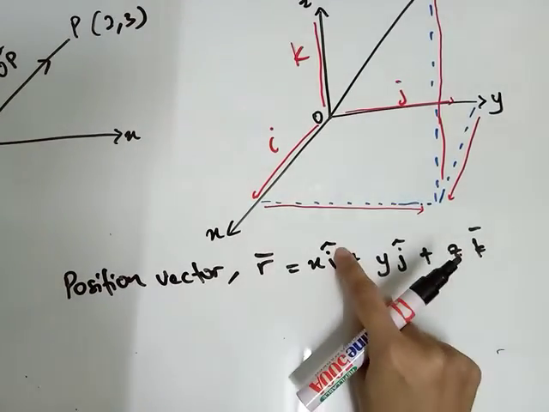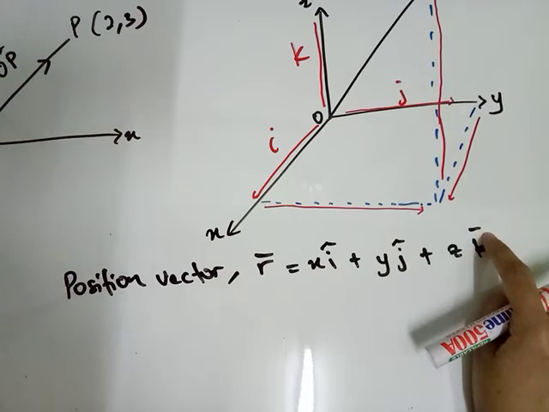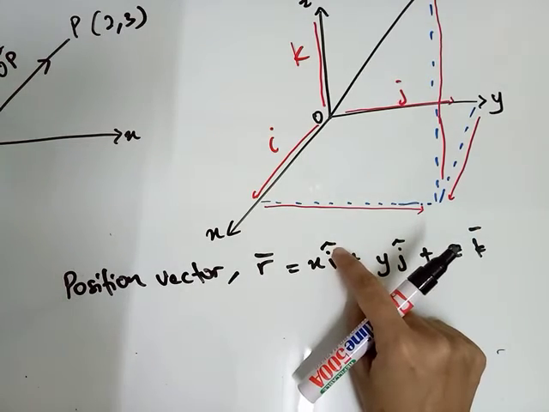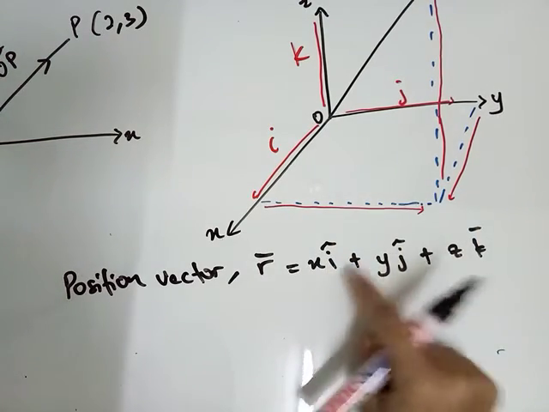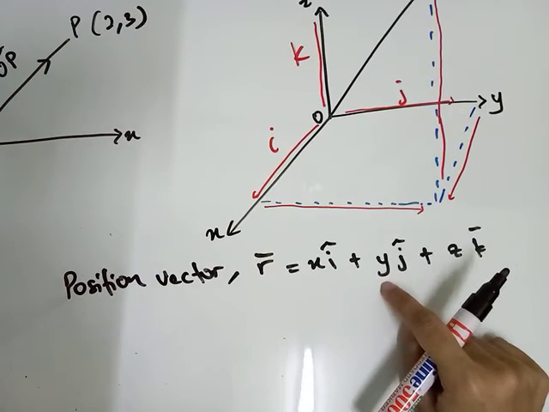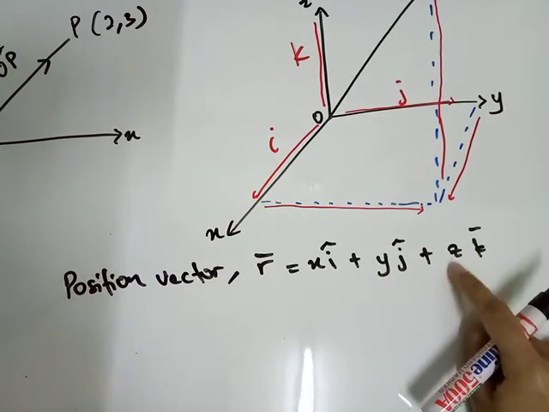Okay, this part must be written, do not omit it. This shows i is the position vector for x, j is the position vector for y, k is the position vector for z.